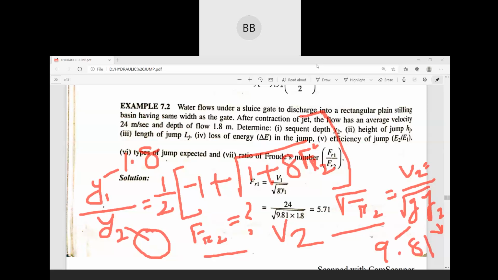V1 is already given, that is 24 meter per second. So your efficiency will be approximately 45.5%.